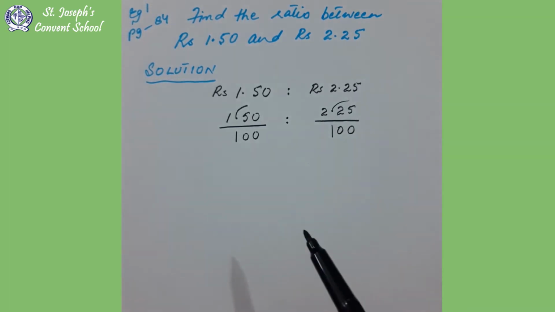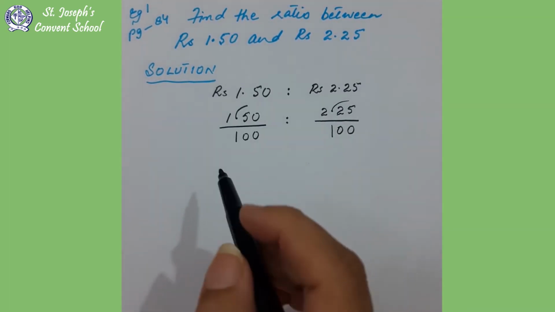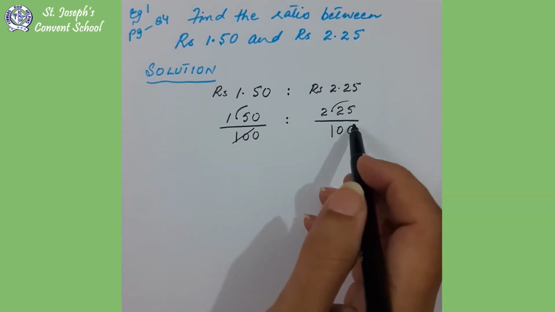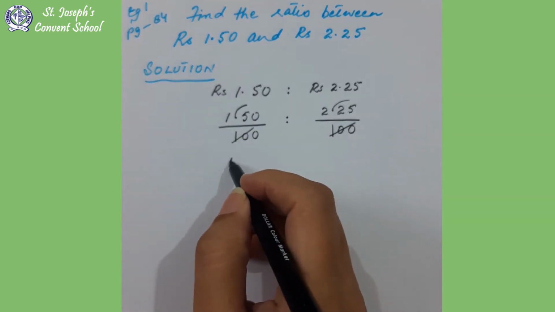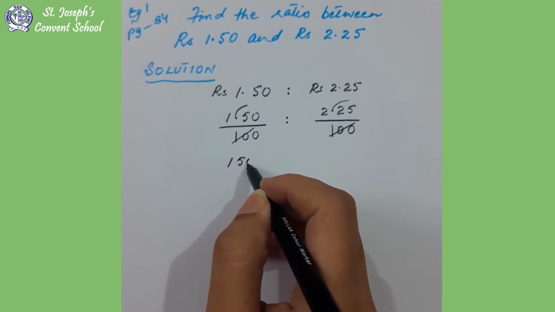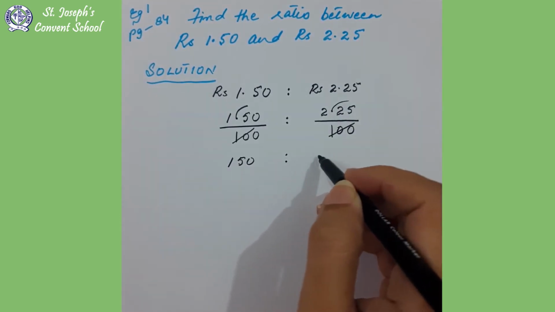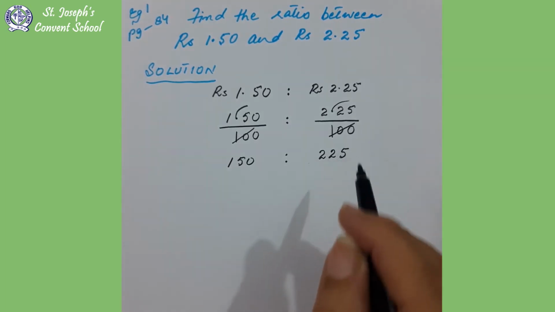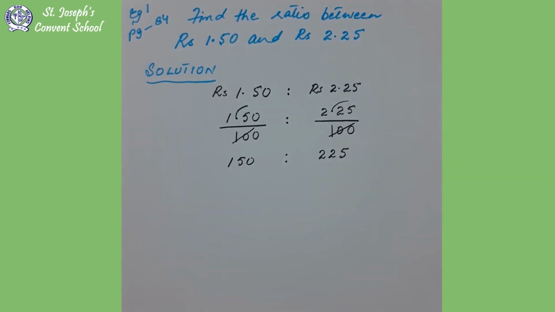So we have removed the decimal. This 100 and this 100 are both the same, so they cancel, and it is 150 is to 225. So whenever decimals are given, remove the decimal first and then solve it.